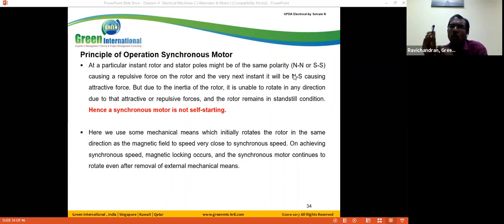Now I place the field winding in the system. This field winding has a north pole and south pole, because here we use a constant DC supply, so it produces a constant magnetic field.